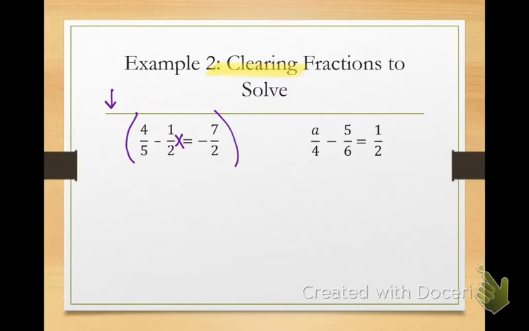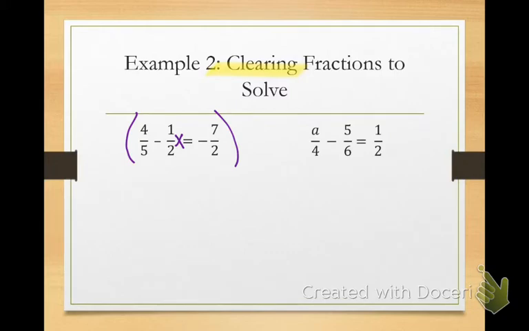What would be the lowest number that my denominators could go into? I want you to think about it. You have a 2 and a 5. What is the lowest number that both of those numbers go into, Kaylee? It is 10.